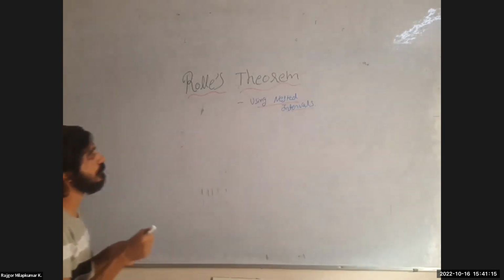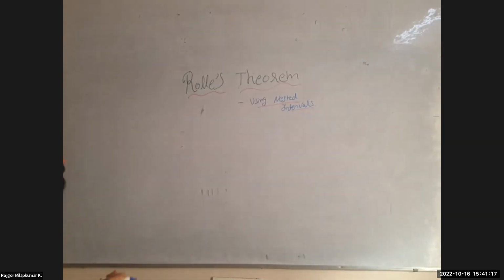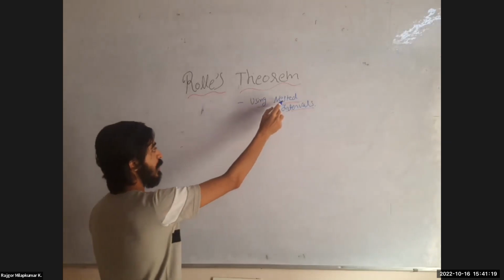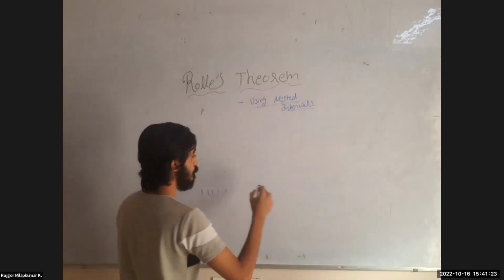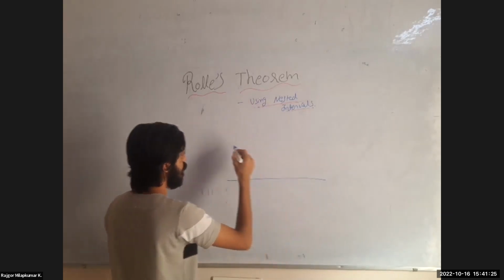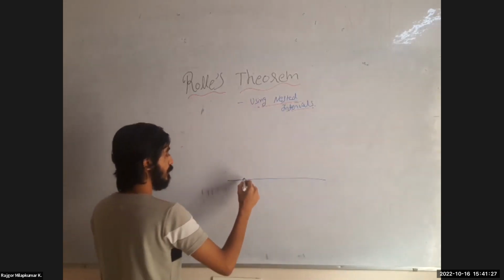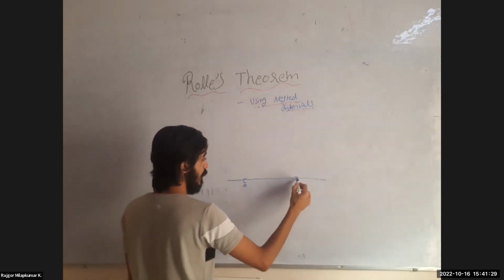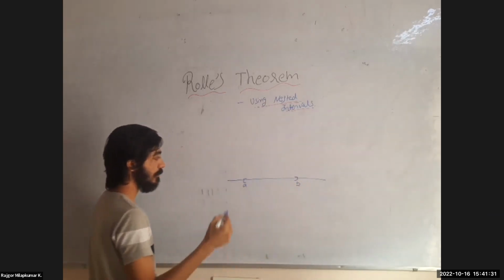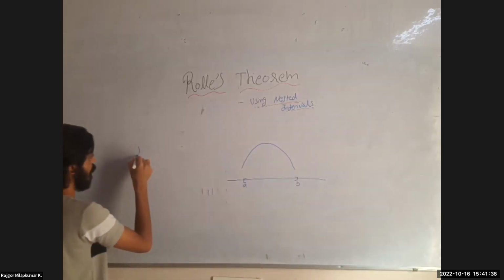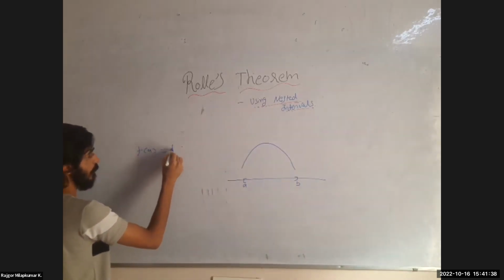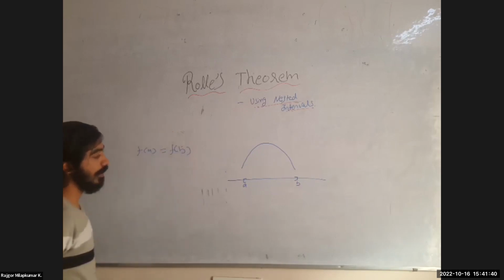Okay. So I will prove this using nested intervals. I am going to first assume that you have a continuous function from some closed interval [a, b] such that f(a) equals f(b).